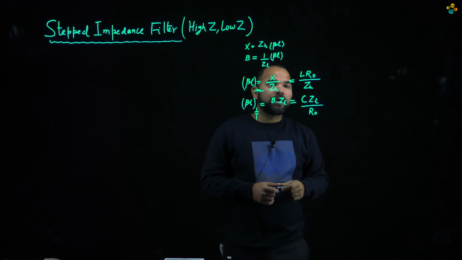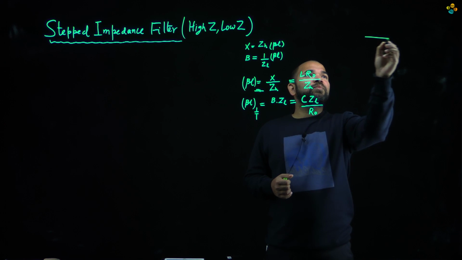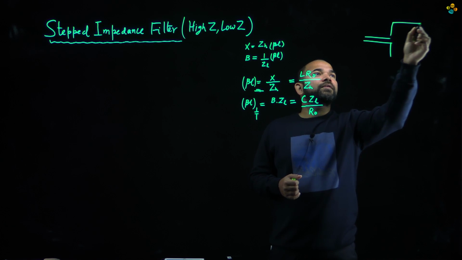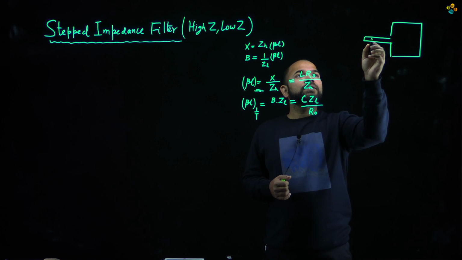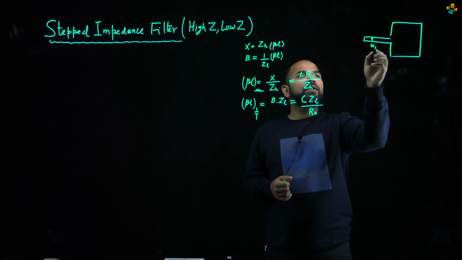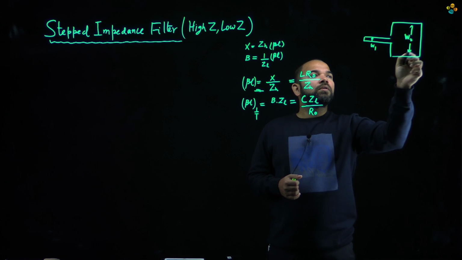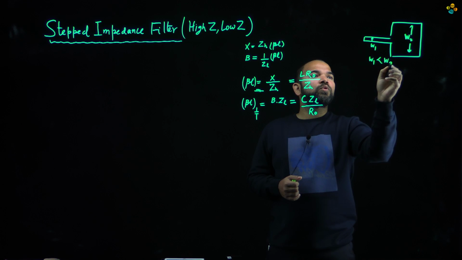So for a microstrip line, a high impedance line represents a thinner variant. Suppose we have a microstrip where the width of the first is W1 and the second is W2. So W1 is less than W2.